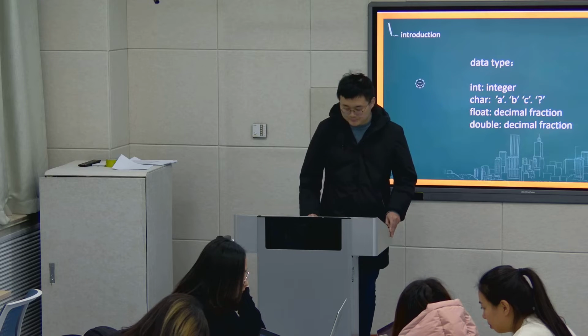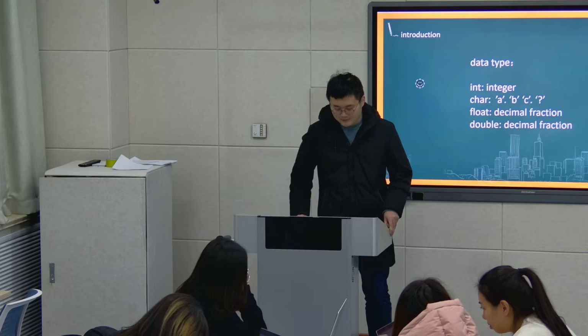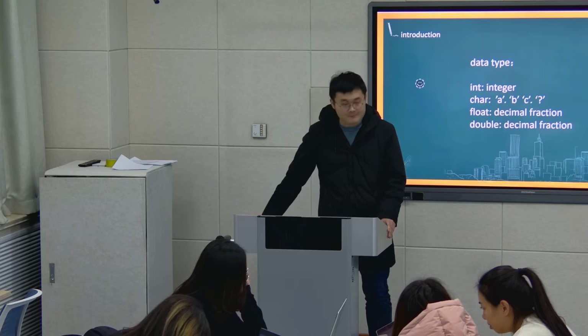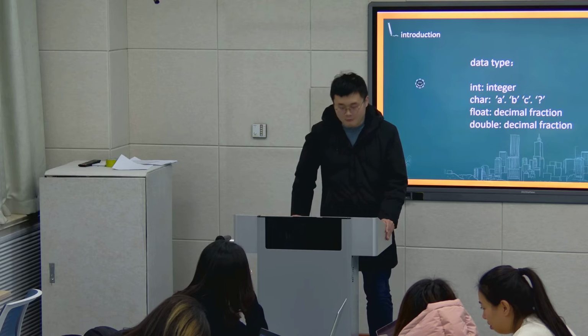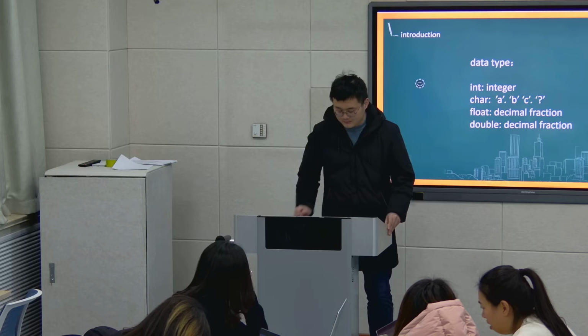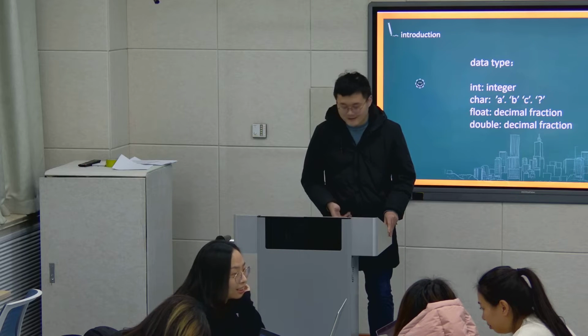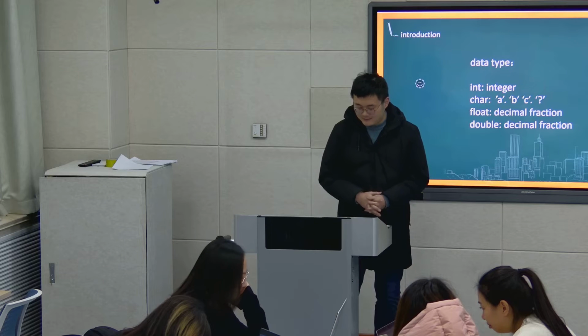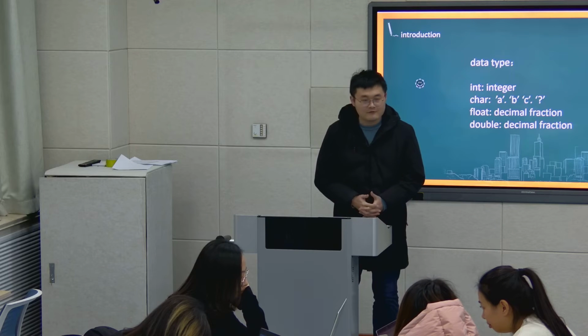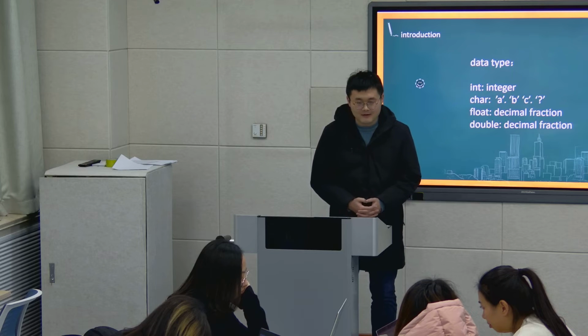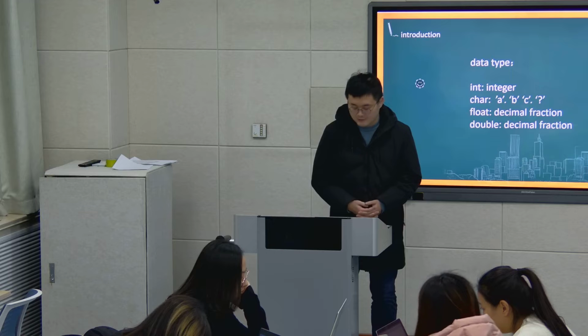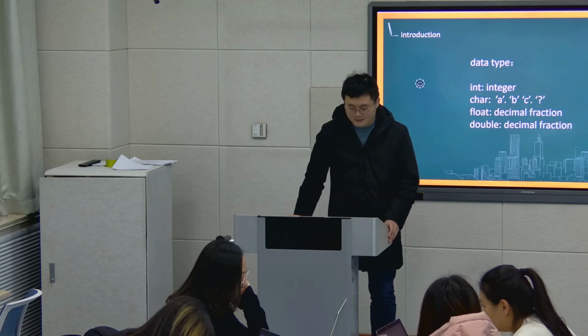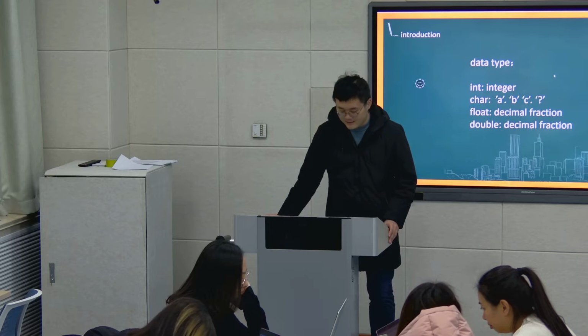And char means a sign, a symbol, like A, B, C, or D. It's only one character. And float and double are decimal fractions. They are small numbers, but they are different. I will tell you in a future class. So let's start from here.